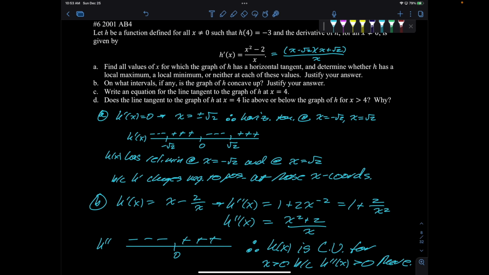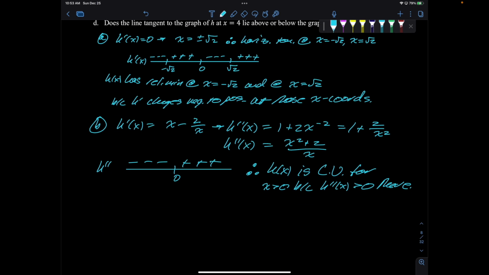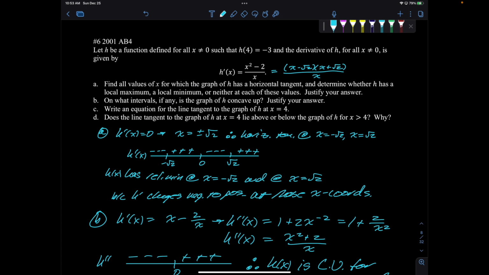Write an equation of the line tangent to h of x at x equals 4. So we know h of 4 is negative 3. I like to throw these in. And I mean, I got it wrong on the last one, so good for them. H prime, let's just do up here and I'll carry it down. H prime of 4 is 16 minus 2, which is 14 over 4, so 7 over 2, or 14 over 4.